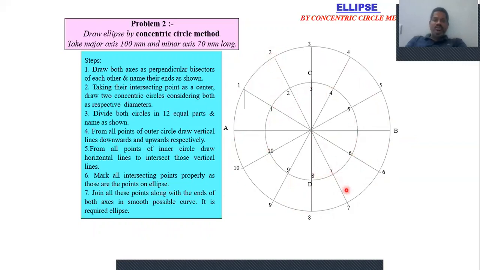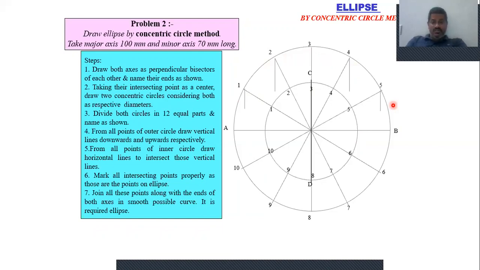Then drop the vertical lines from the upper portion of the concentric circles. Drop the vertical lines from 1, 2, 3, 4, 5 of the major axis circle, upper portion of the major axis circle.